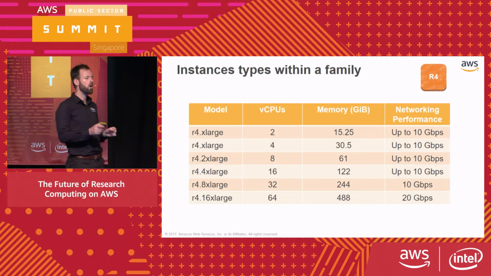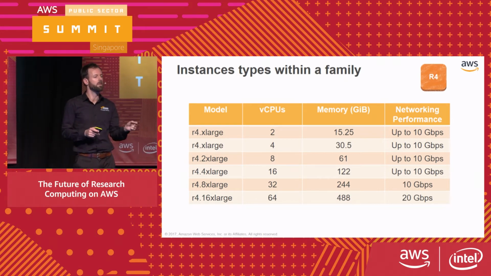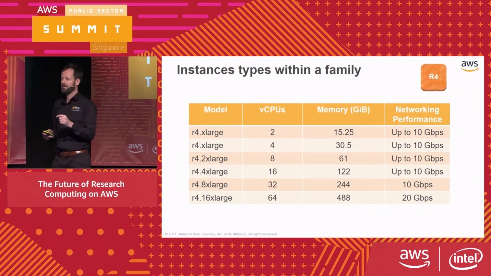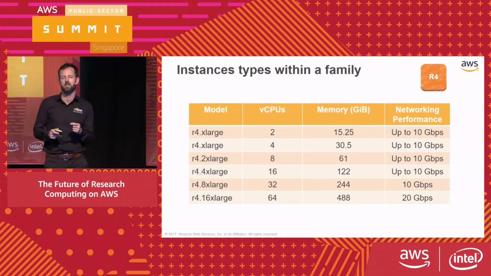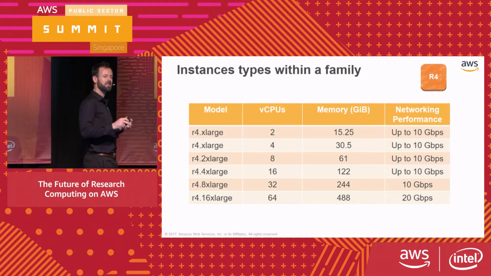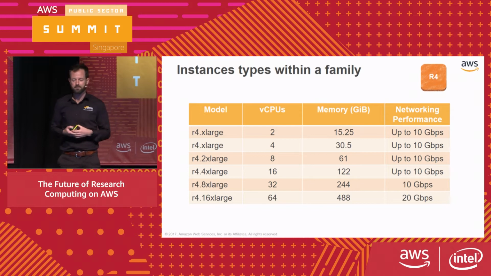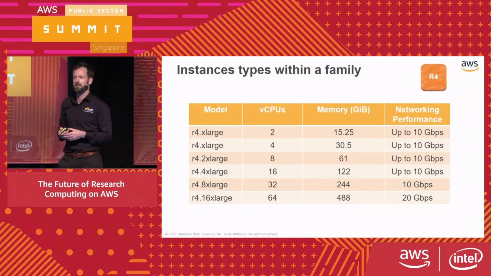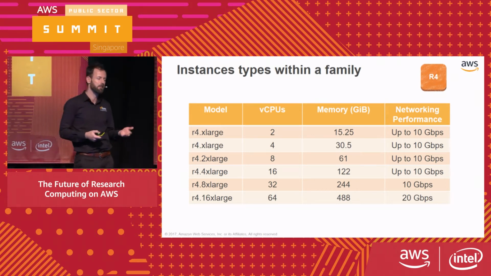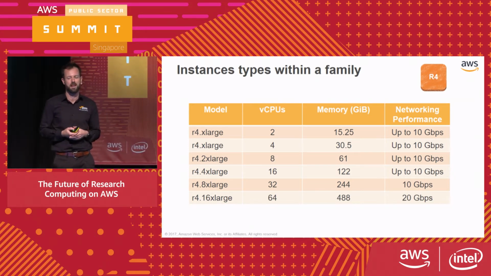Or maybe I know that my computationally intensive workload, maybe I'm doing weather modeling, and I know that I can take advantage of the latest Intel architecture based on Skylake. Okay, maybe there are extensions to the architecture that let me go faster for my processing. And we can use the C5 instance family, which is an instance family we've pre-announced that will support Skylake, the new Intel Xeon architecture.